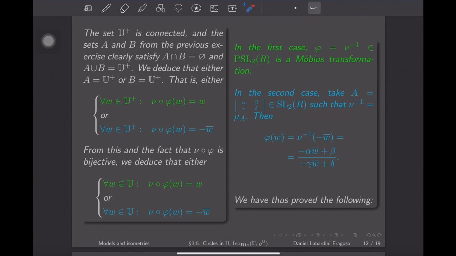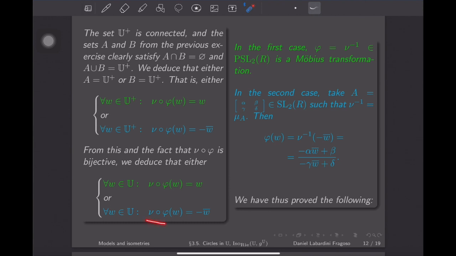In the other case, well, I take a matrix representing the inverse of nu. I know that nu is a Mobius transformation, so I know that nu inverse is a Mobius transformation. So I know that nu inverse is of the form mu a, for some a.